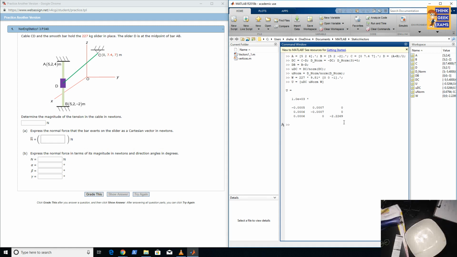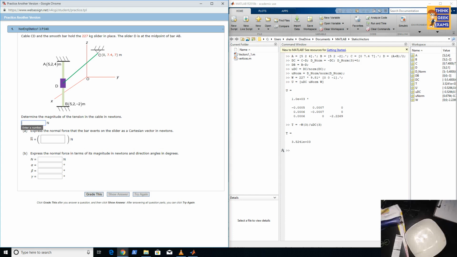So to solve this, let's first solve for the tension. Tension is going to be negative of this number divided by this number. So negative W of 3 divided by U dc of 3. And that should give us our tension.